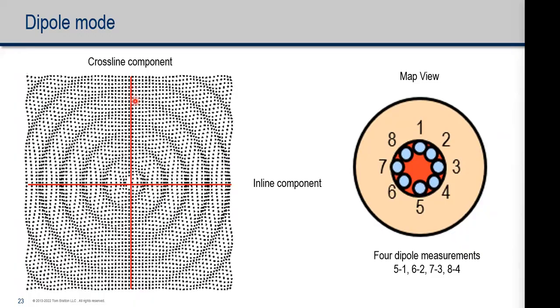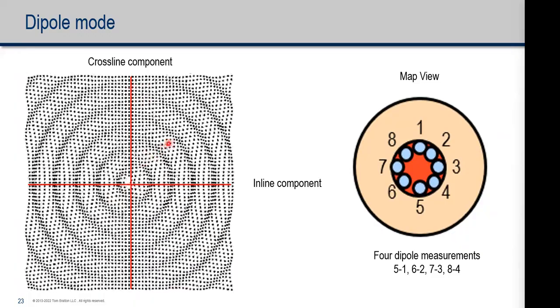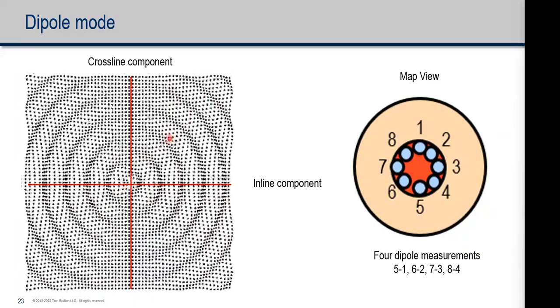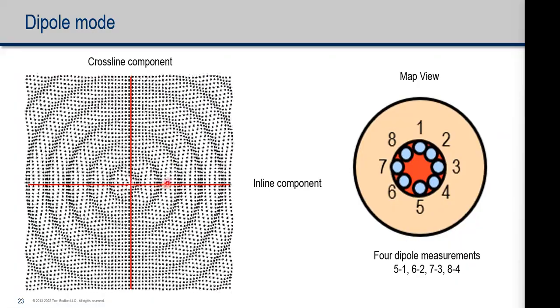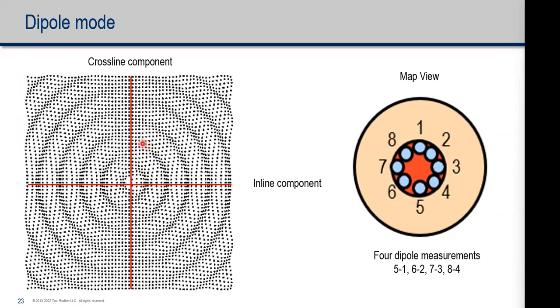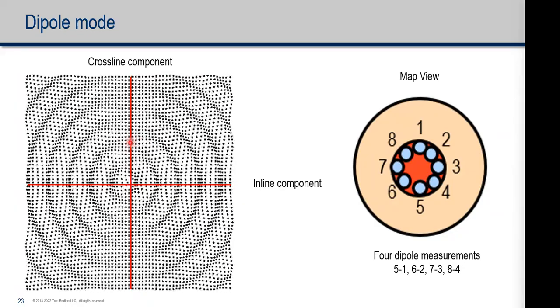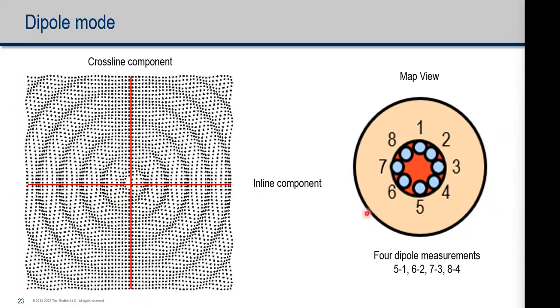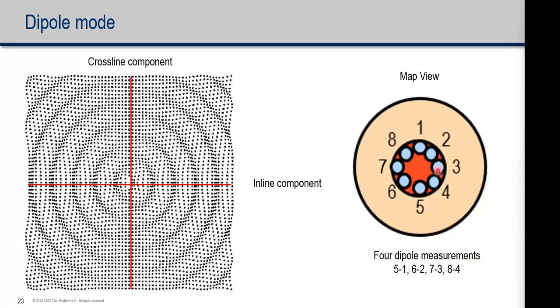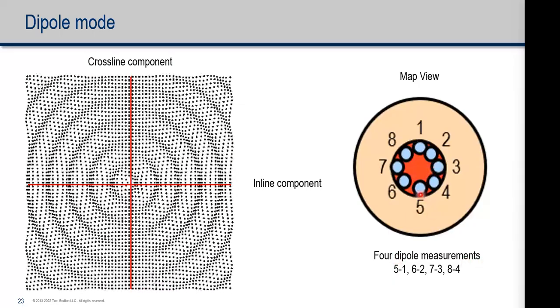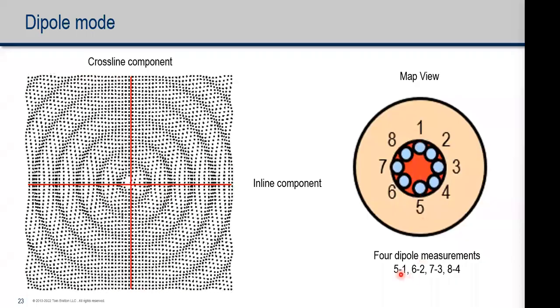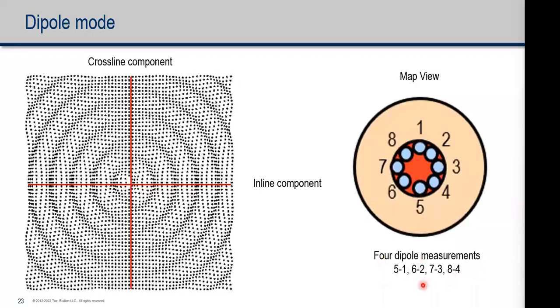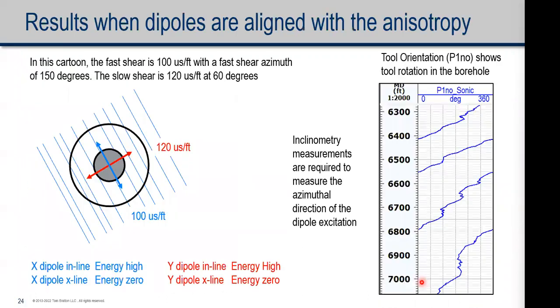If you're measuring this particle motion, you go from maximum amplitude east-west, and as you get to the cross line, it goes to 0. The dipole component is really the difference in pressure between hydrophone 5 and hydrophone 1. So you end up with 4 dipole measurements.